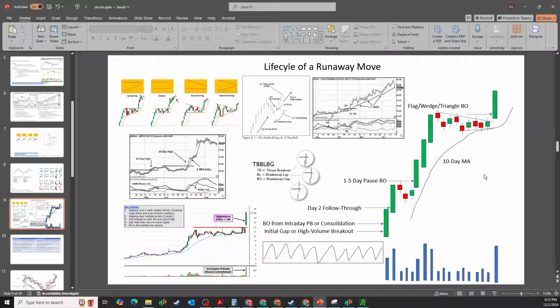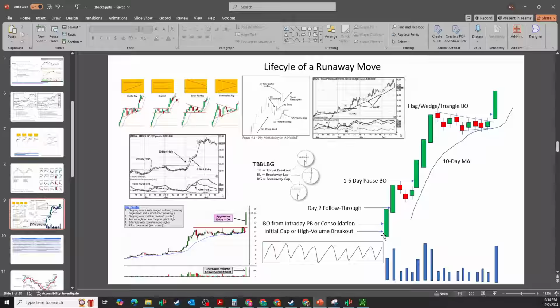So to summarize what I'm trying to say here, based on all of my studies of many top traders, there are key strategic points where you can get into a stock that's in a runaway move. You can get in the very early stages, either on the gap or the expansion breakout of a larger consolidation breakout or gap.